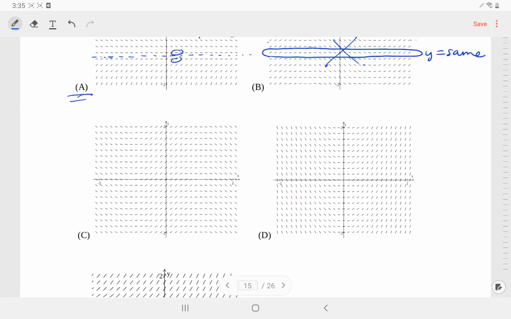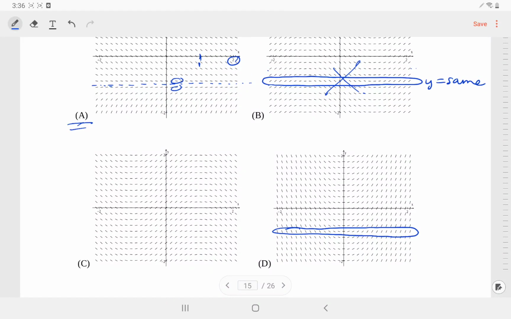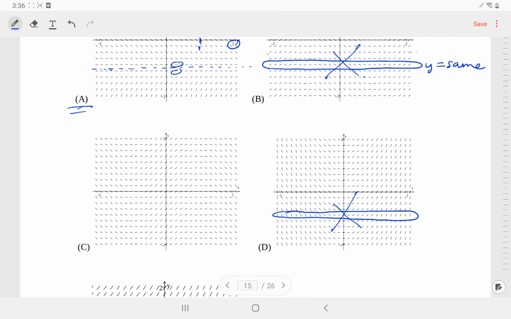C and D, same thing. Look here. See these? At y equals whatever this number is, it's not exactly -1, so I can't say that I want the slope to be 0, but the slopes should all be the same. So it's not that one. Same thing here. The slopes should all be the same.